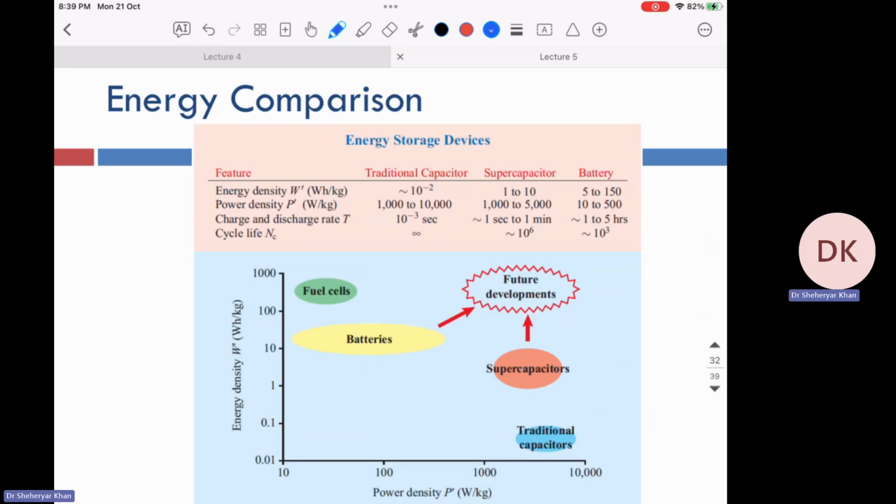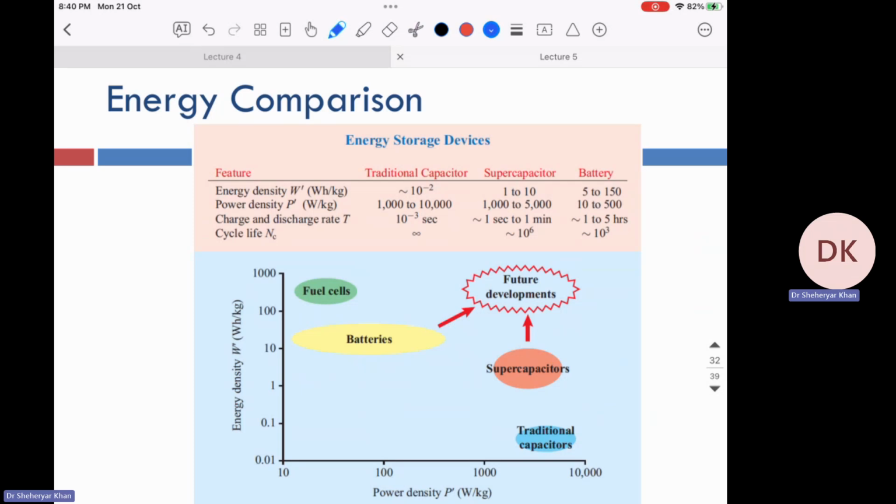So the batteries are good in terms of energy density, very high. But in power density, they are on the lower scale, right? Capacitors are very good in power because of high voltage, power is equal to VI, but the duration is very short. So they can pump up a flash.